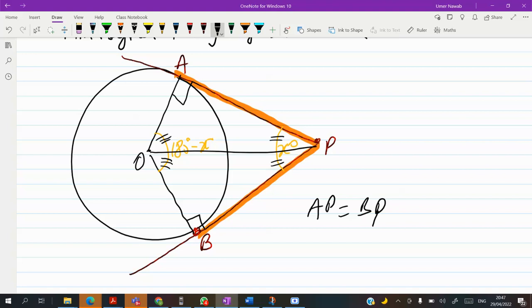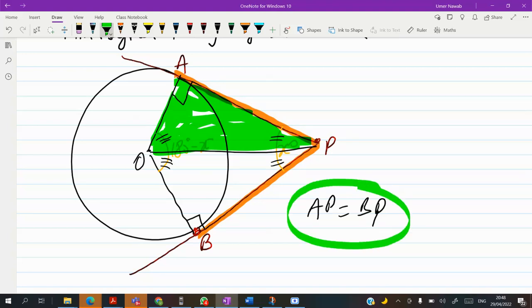Not rhombus, kite, OAPB. So this triangle's area is the same as the other triangle's area, and also they are congruent to each other. The most important property is this, that the lengths of AP and BP are the same.